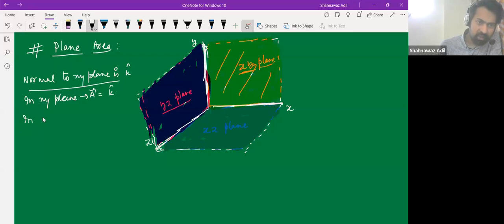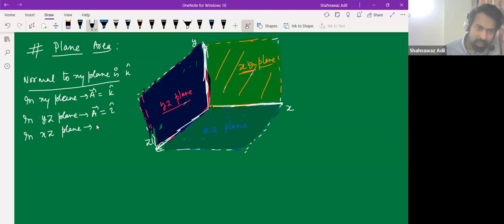In YZ plane, area vector direction is i hat, and in XZ plane, area vector direction is j hat. So these are the directions.